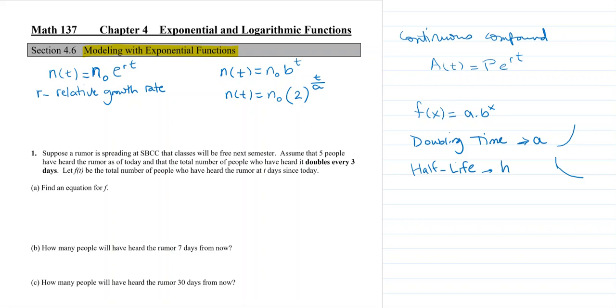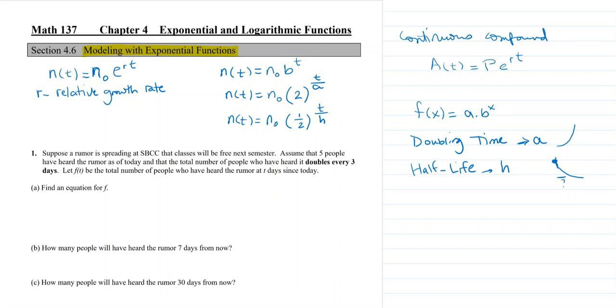So if it started here at time 0, let's say, and then half of that is about over here, how long did that take for the amount to become half of what we started out with? In that case, you can use the formula N equals the starting amount N sub 0, 1/2 to the power t over h. So depending on the situation, you could use one of these formulas.